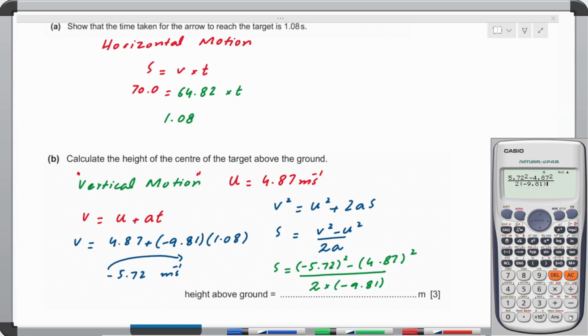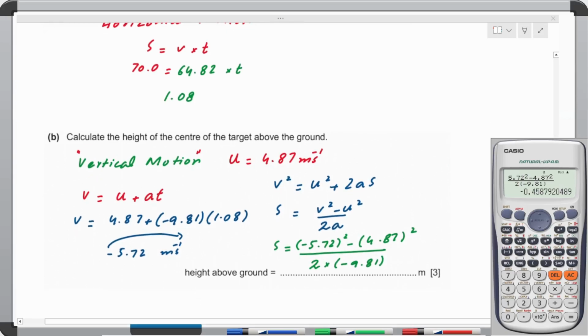Then we press the equals button, and what we get for this one is negative 0.4587. So I can write it as negative 0.459. Okay.